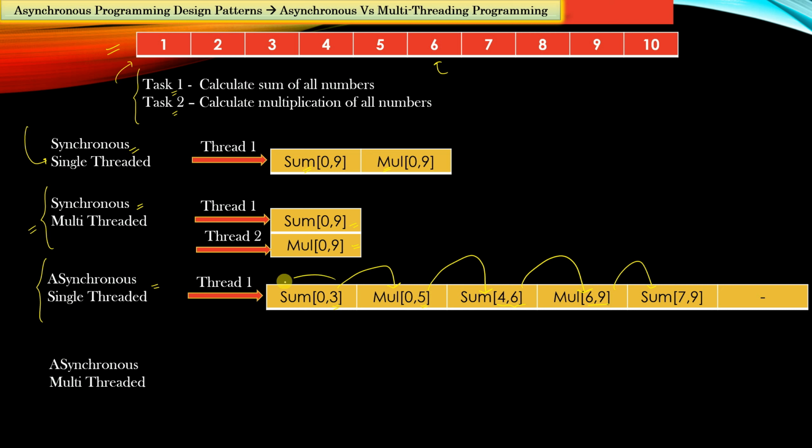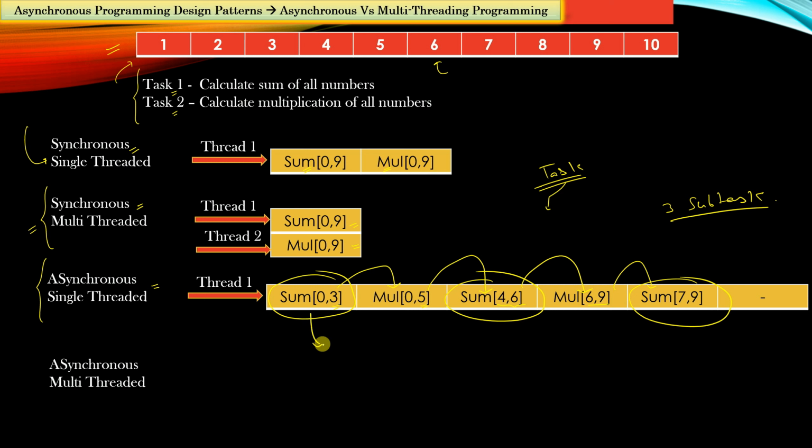Here the task of computing the sum of all the integers of the array has been split up into 3 subtasks. So in asynchronous programming, if the task is big enough that it would take a considerable amount of time, then we choose to split this single task into subtasks.